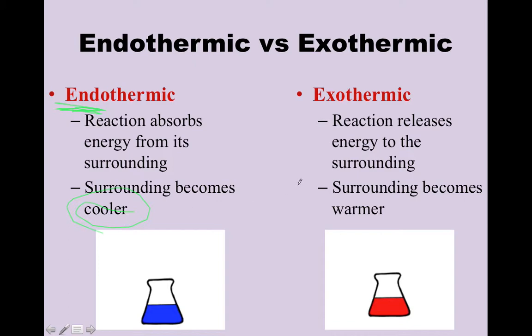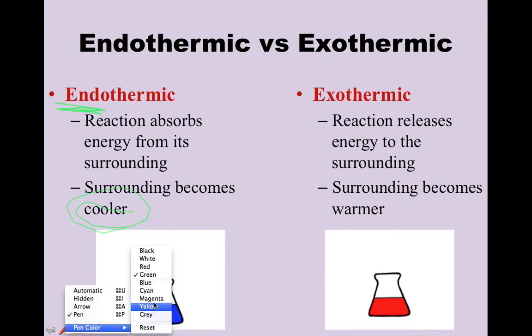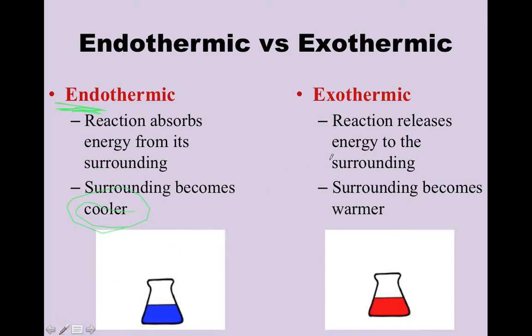Note that one, it's very cold or cooler. Our exothermic, think of exiting. In exothermic, energy is released, and it is much warmer. So exothermic is hot, endothermic is cold. Okay, this is a recap.